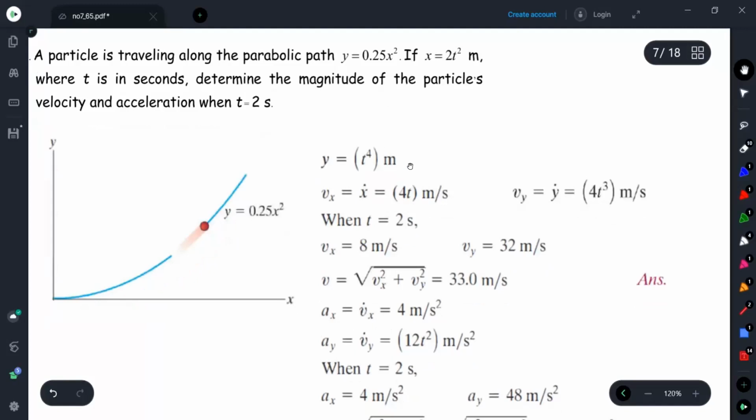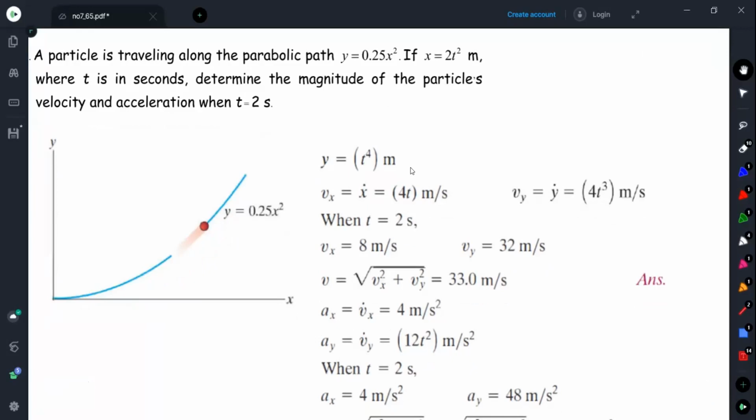Actually, we may write the position vector as r equals x i plus y j, but for this case we will solve it in scalar form. The velocity in the x component, vx, is the derivative of x with respect to time.